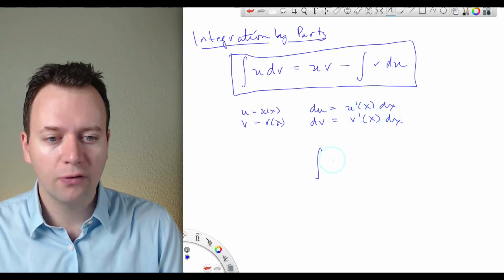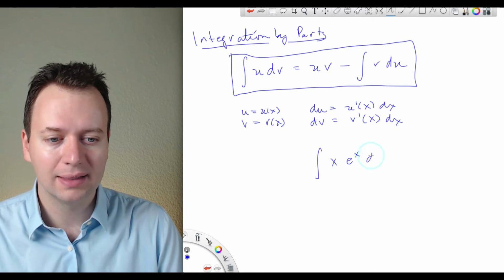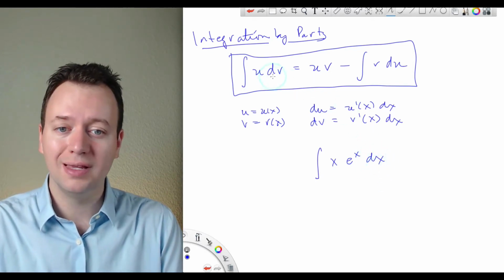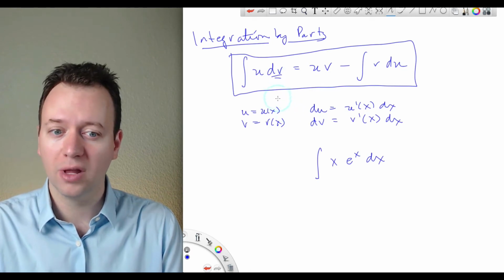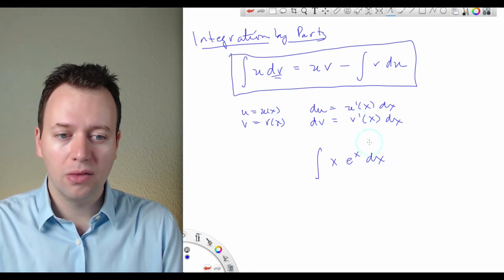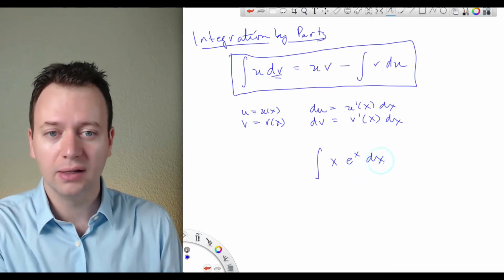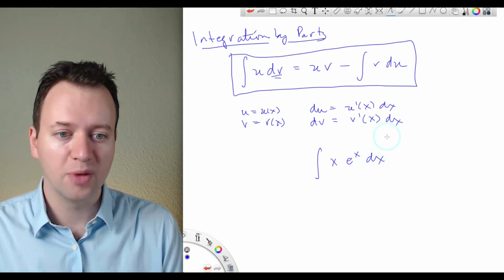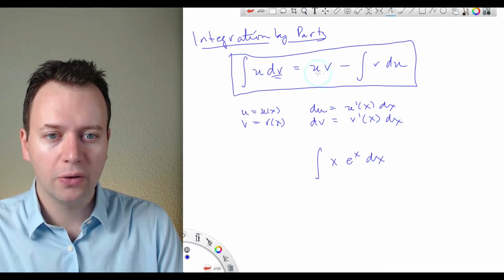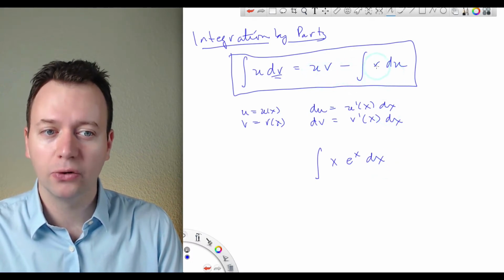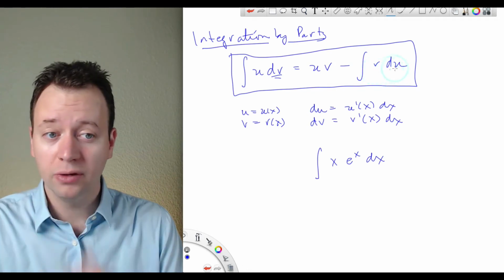So when you start off with an integral like x e to the x dx, the dx is going to belong to the dv that you have in the formula. So then we just need to identify v prime of x and then proceed by applying this formula. So here we have the function u times the function v minus the integral of the function v times the differential of u.